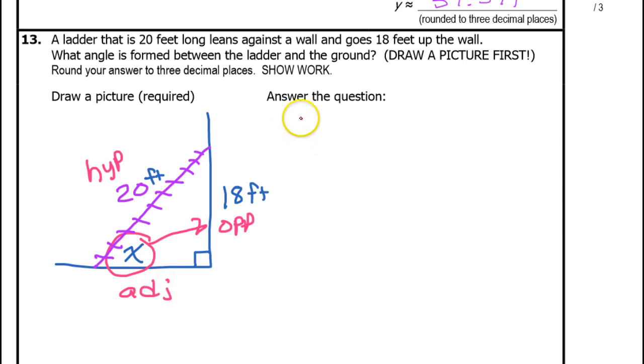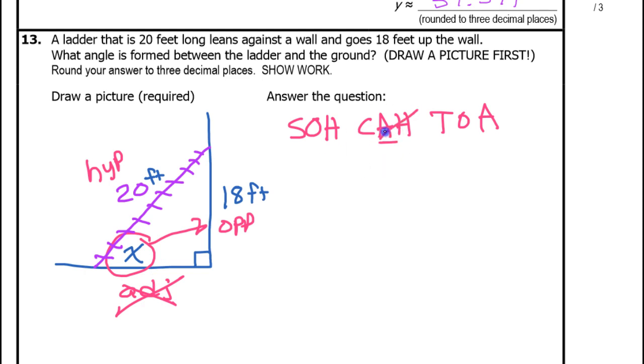Okay, this involves an angle, so we will be using Sohcahtoa. Now, the adjacent leg is not doing anything, so we're going to throw it out. There's no number here, there's no variable that we're looking for.